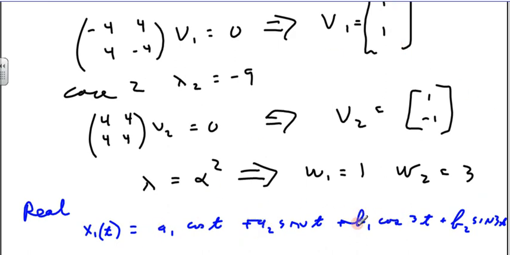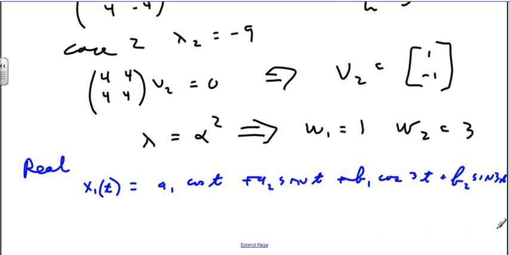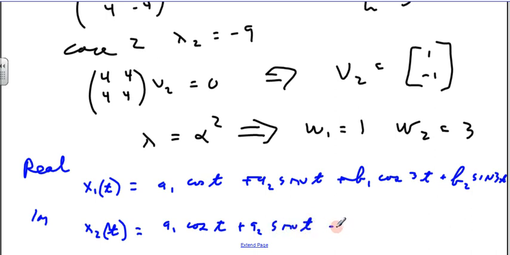Boom, boom. And I've got an imaginary part, x2 of t, which is going to be a1 cosine t plus a2 sine t minus, because we got a minus sign sitting there, b1 cosine 3t minus b2 sine 3t.